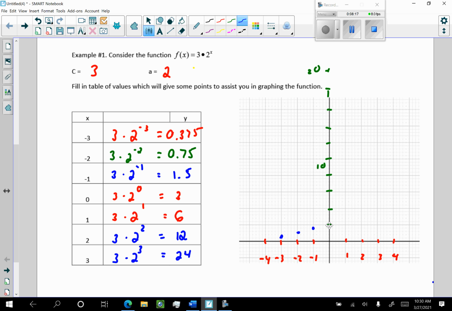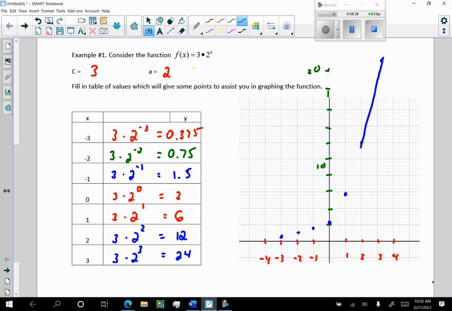At 0, it's going to be 3, so you notice we're in scales of 2 here. At 1, it jumps up to 6. And at 2, it jumps up to 12. 2, 4, 6, 8, 10, 12. And at 3, it really jumps up there.